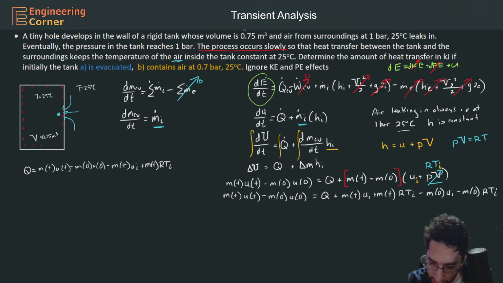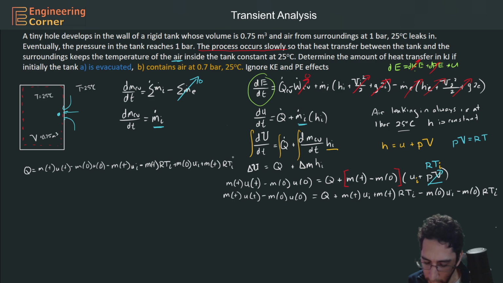Actually, that's a minus, right? Yeah, that's a minus. And then the other two terms are plus, so plus M_0 times U_i plus M_0 times R T_i.